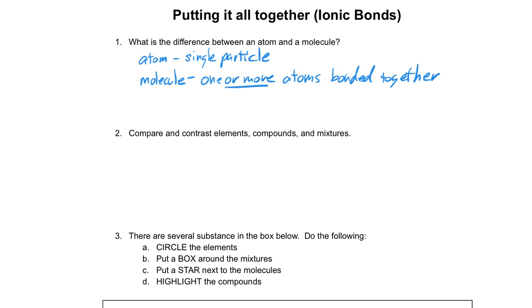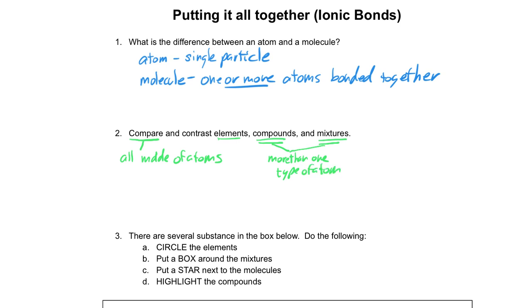We're going to compare and contrast elements, compounds, and mixtures. Well, if I had to compare them, I would probably say that they are all made of atoms, right? Now, compounds and mixtures are both made of more than one type of atom.